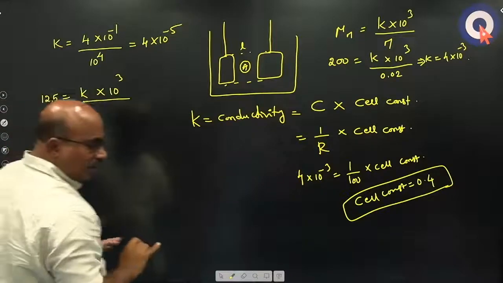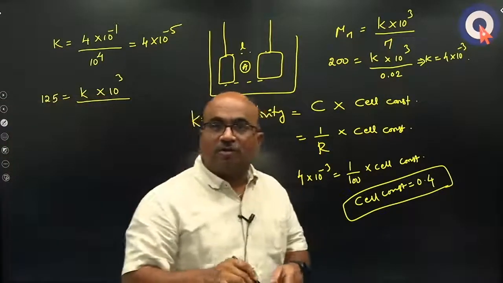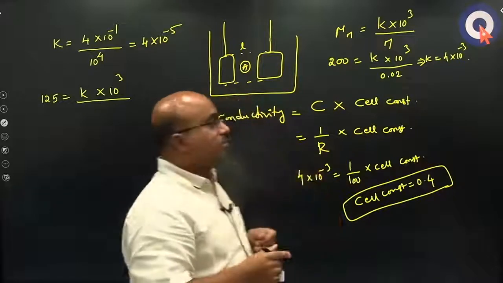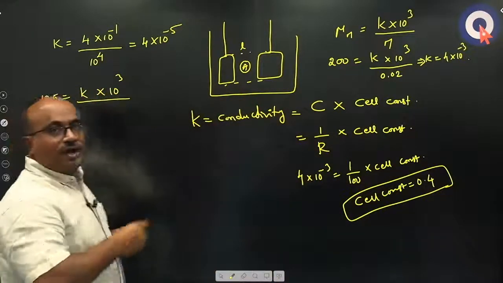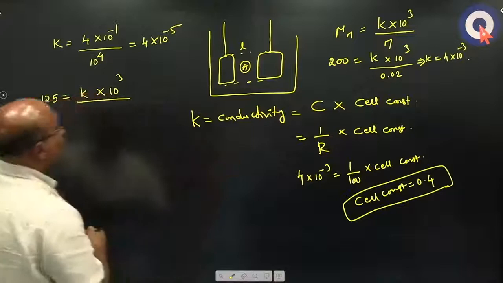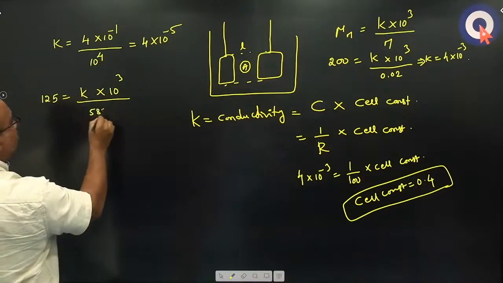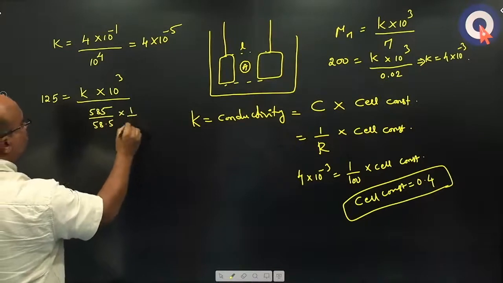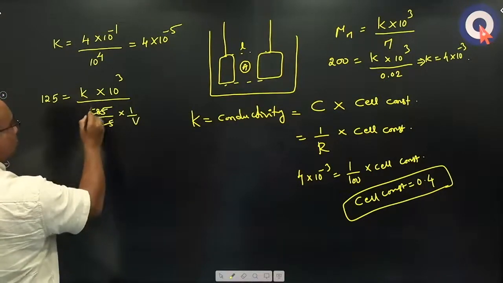But we don't know the NaCl concentration. How much volume of water is there in the pool? Some V liters, but we dissolved a total of 585 grams in it. So the concentration is 585 by 58.5 into 1 by V, which is 10 by V.